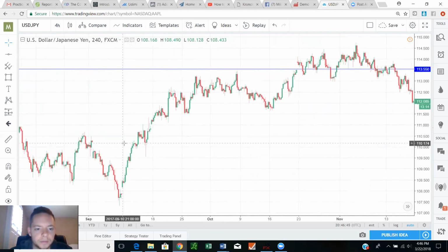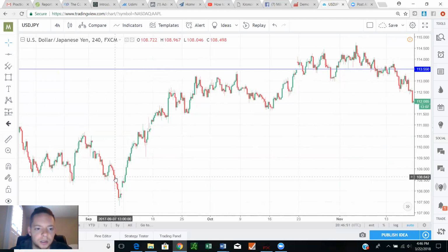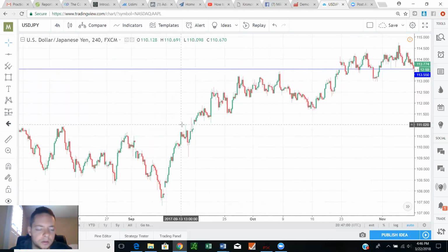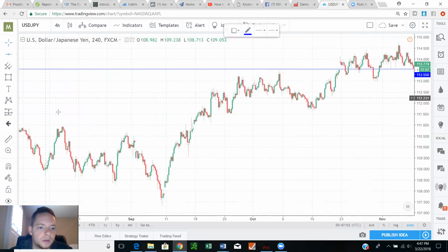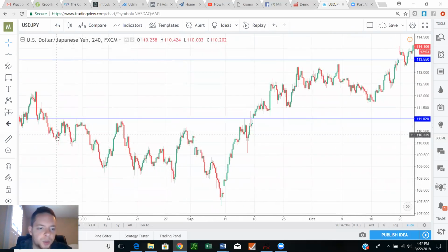You can see, for example, on the way up, as it breaks through these areas, it comes back and tests. Every time it breaks through, it'll come back and test an area. Like here, for example, you can see this was a previous price ceiling.